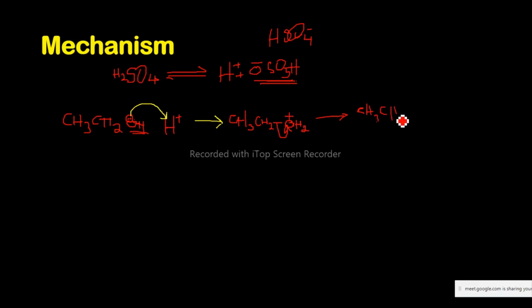Now, because this carbon has lost the O, and the bonds are not balancing, it has 1, 2, 3, and it has lost the O, then you put a plus here. So this is a primary carbocation, okay, plus the water molecule. Is that okay? Good. Now, this is where the science is.